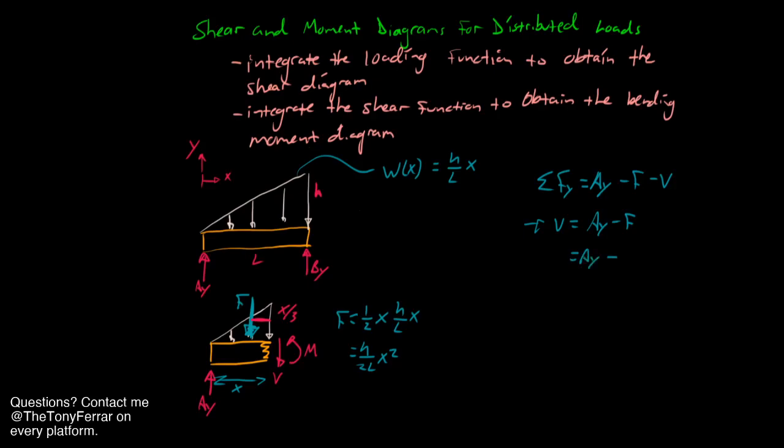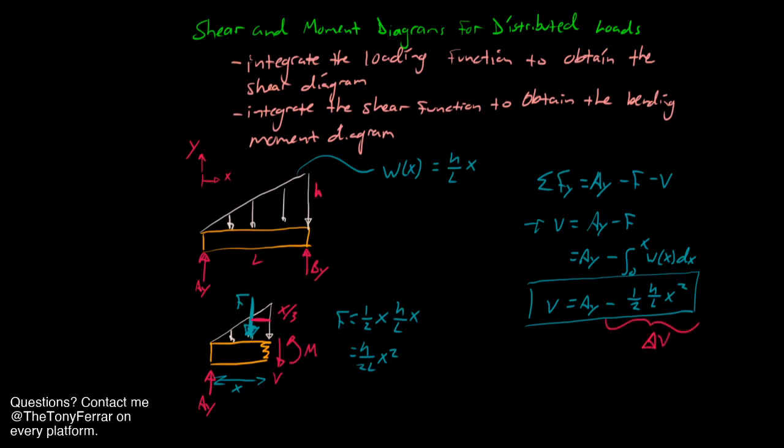In other words, it's equal to the integral from 0 to x of w(x) dx, so V is AY minus 1/2 h over L x squared. And I think you can see now why on the last slide I showed you that the integral part is equal to delta V and not V. We have to account for things like reaction loads as well.